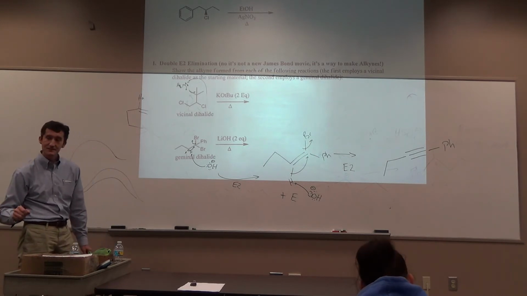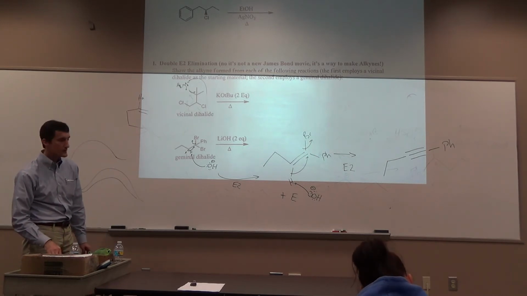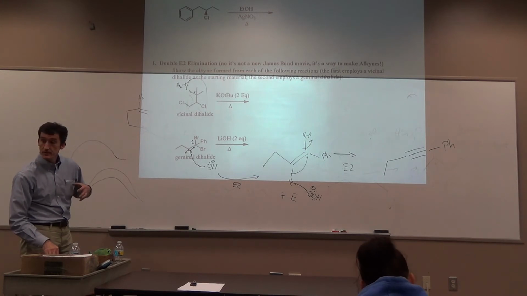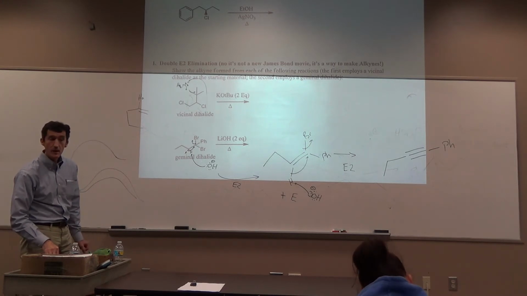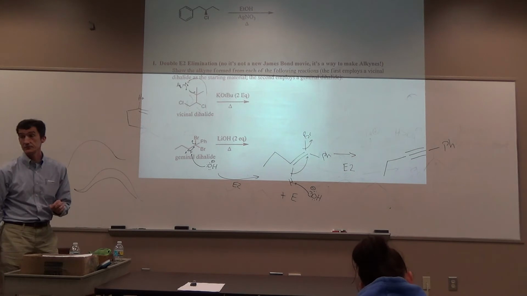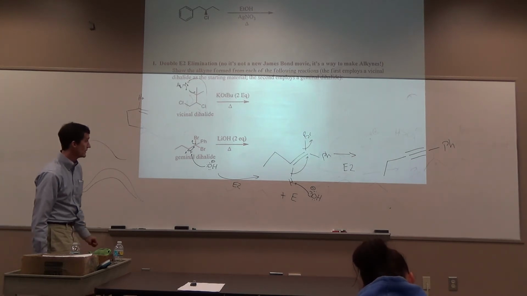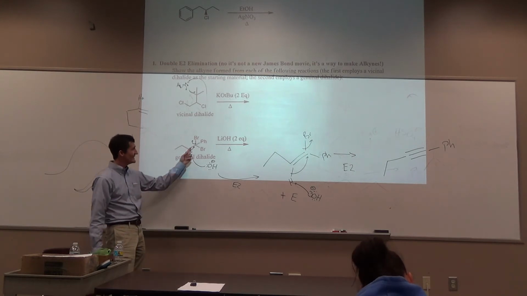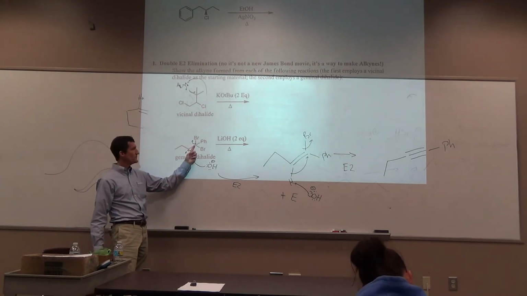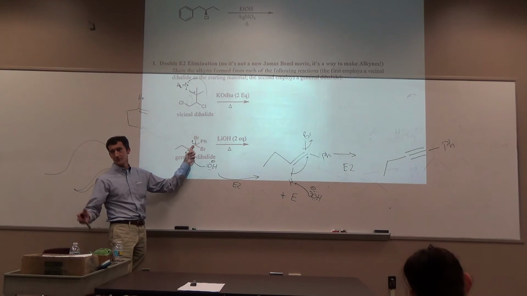Question? Do what? Oh, you can do E2 on a tertiary halide. You just can't do SN1 on it. And that's not strictly tertiary because that carbon is not strictly bonded to three other carbons. But I know what you mean.